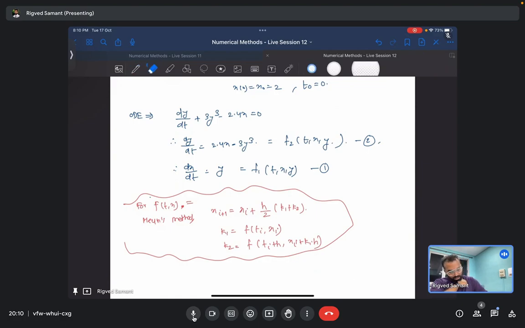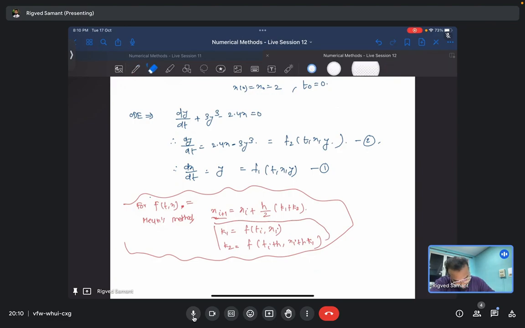We are writing h k1 just to keep continuity. So for one equation, you have to write these two equations and solve.